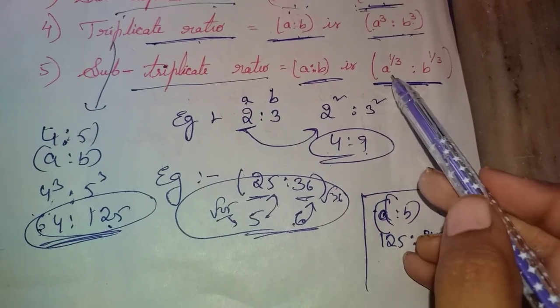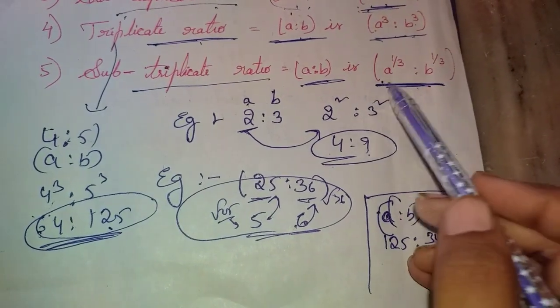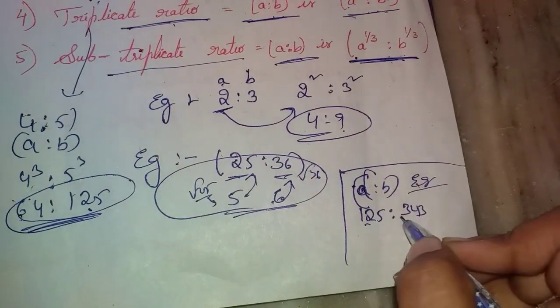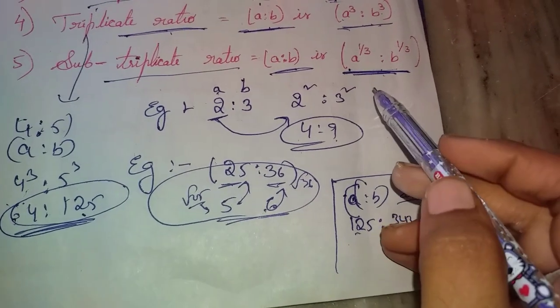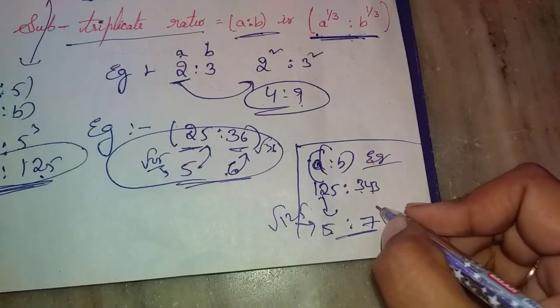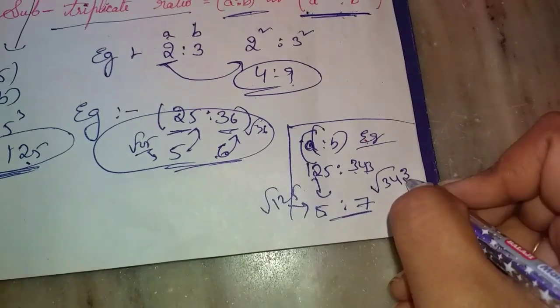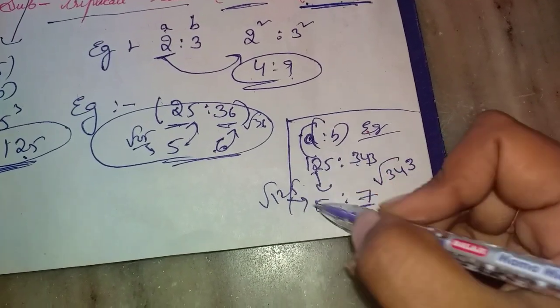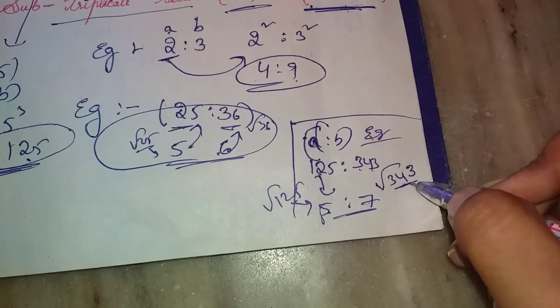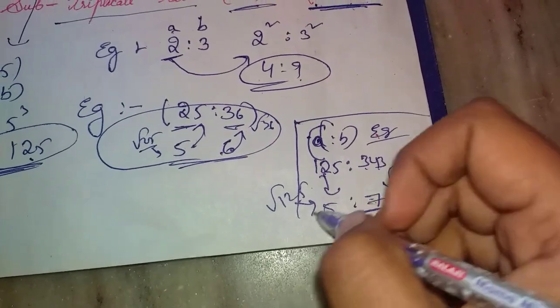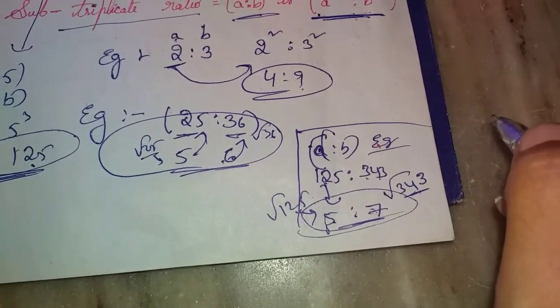Then the ratio of their cube roots: cube root of 125 is 5. Cube root of 343 is 7. 5 is to 7 is the answer.